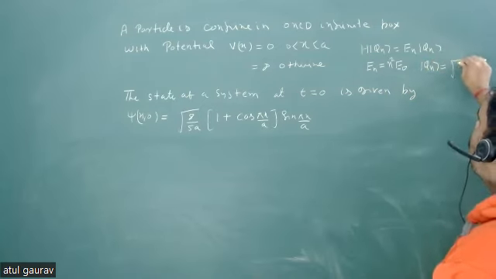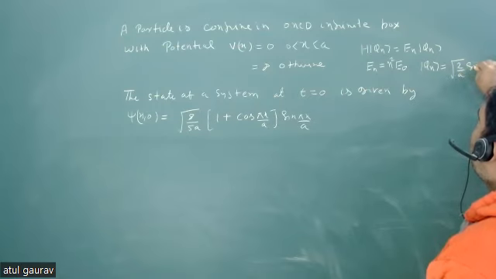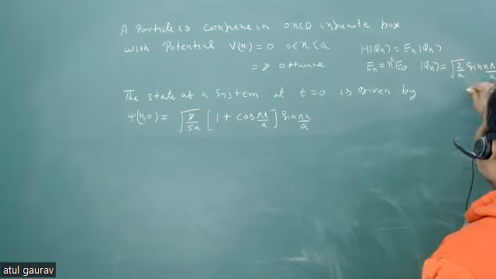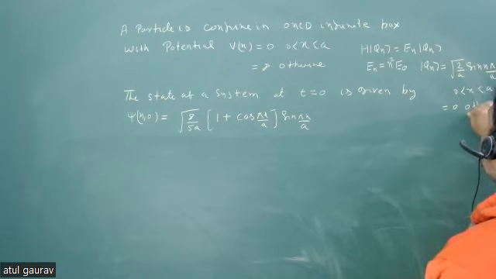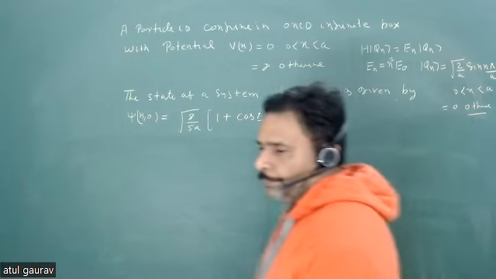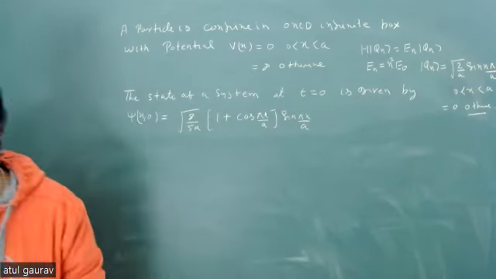Your phi n is root 2 upon a sine n pi x upon a, where x is between 0 to a and 0 otherwise.